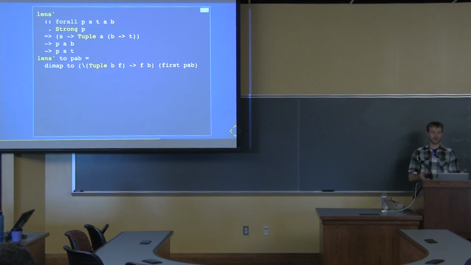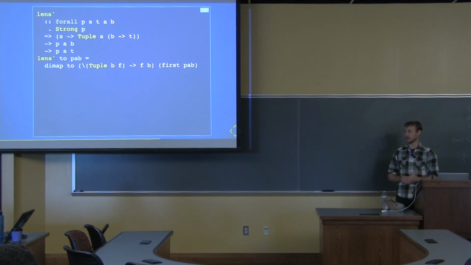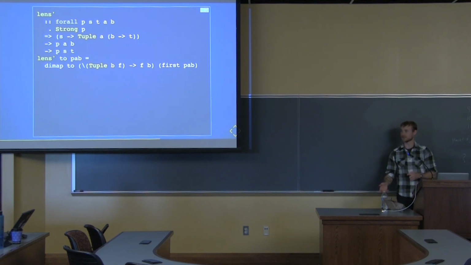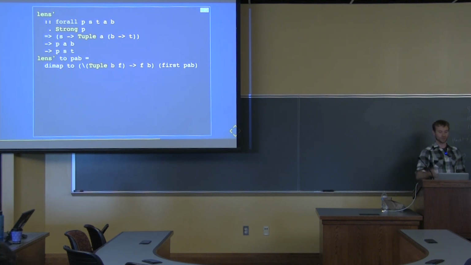And at this point, P is just constrained by strong. Then lens prime takes this 2 function, the one that got passed in from lens, that S to tuple A, B to T. And then PAB, we're still not super clear on what that is exactly.